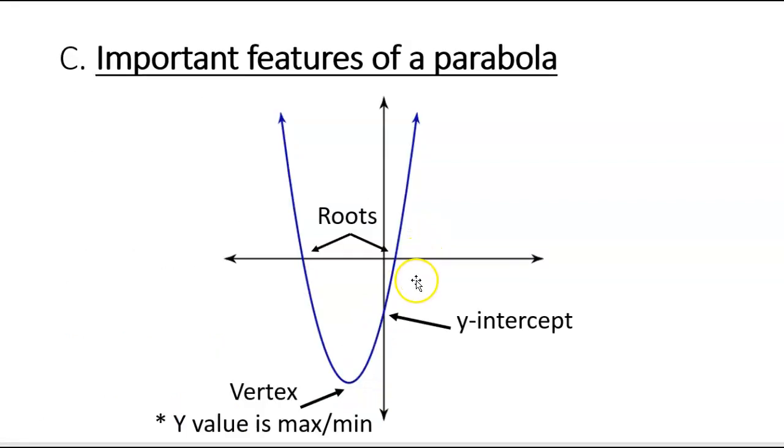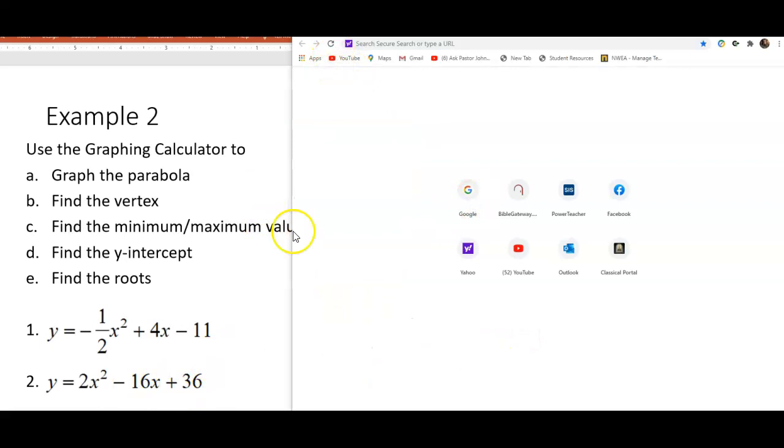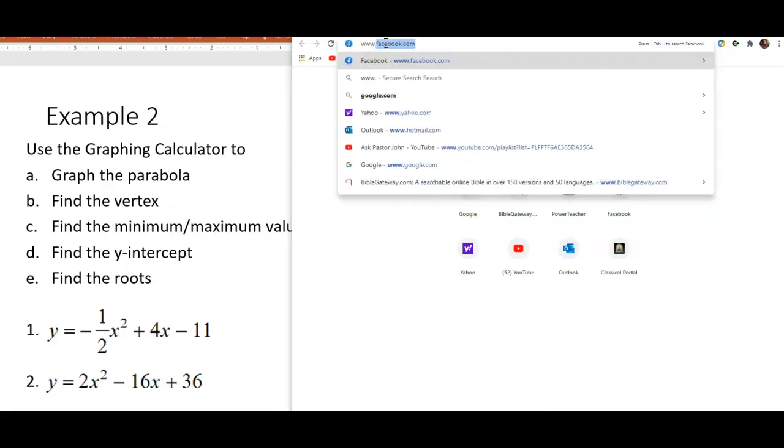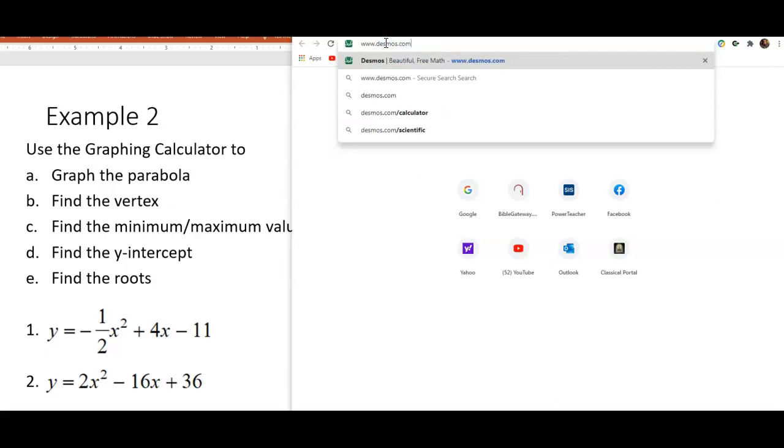Now, the next one is I want to show you guys just how to graph a problem in Desmos.com. And then from there, I want you to identify the vertex, the max, the min, the y-intercept, etc. So what we're going to do is go to our internet browser and type in the web address bar up there, www.desmos.com.